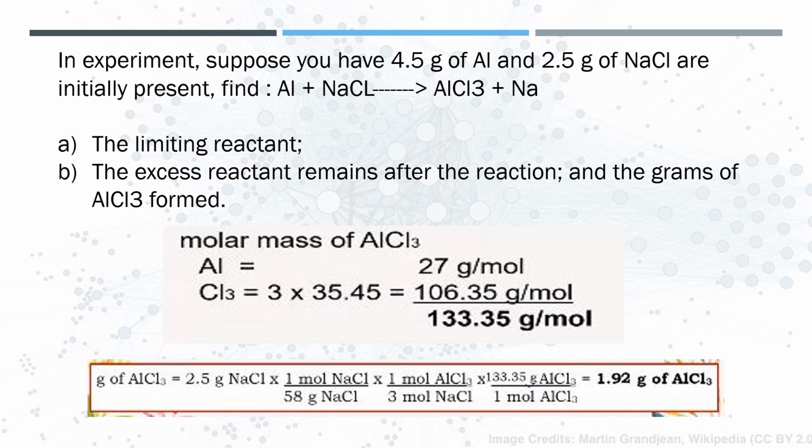So let's get the sum of 27 grams per mole plus 106.35 grams per mole, which equals 133.35 grams per mole. Next, we will use the stoichiometric method, and we will have these equations.